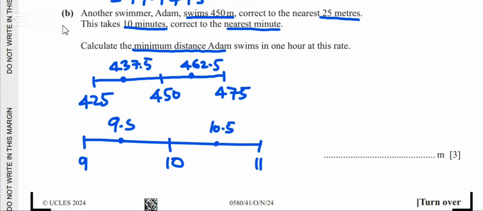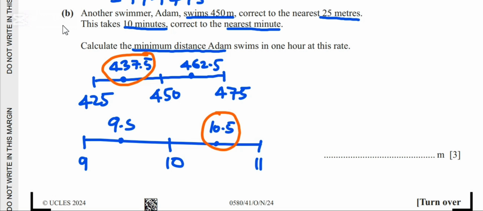All right, now what is the purpose of doing all this? The purpose is that we are interested in the lower limit and the upper limit in the time. We're interested in the lower limit in the distance because they say we are calculating the minimum distance.